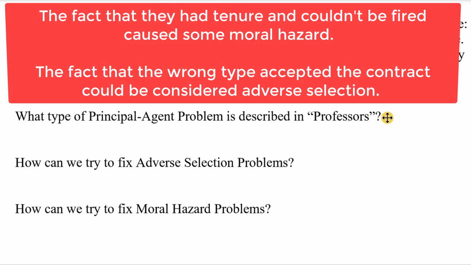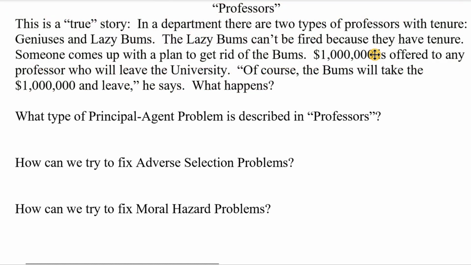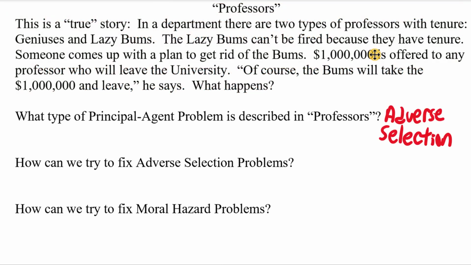Well, in this particular example, we're talking about an adverse selection kind of problem. You offer all the faculty $1 million to quit, and the wrong ones quit, right? In general, adverse selection is usually that you don't know all of the information that you would like to know about potential employees or about potential people that you might offer an insurance contract.